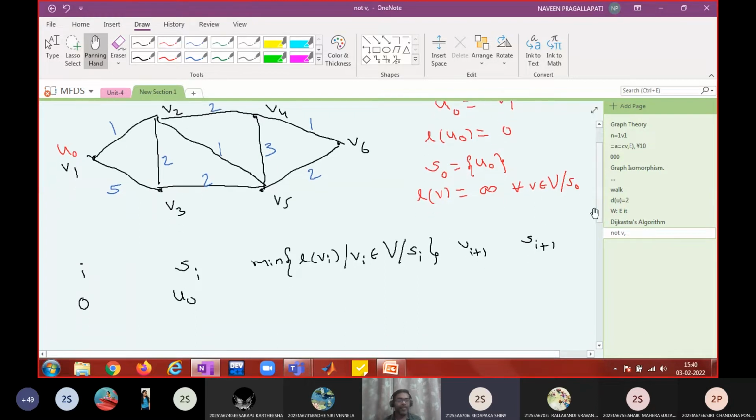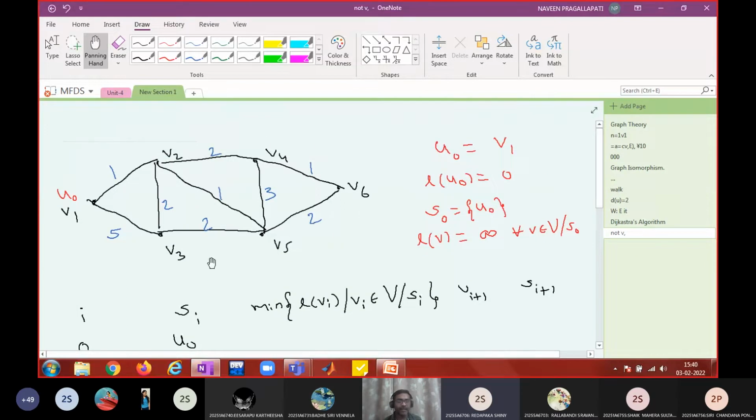Okay. Now the remaining vertices, as of now, are all infinity. L of V2 is assigned as infinity. L of V3 infinity. L of V4 infinity. L of V5 infinity. L of V6 infinity.